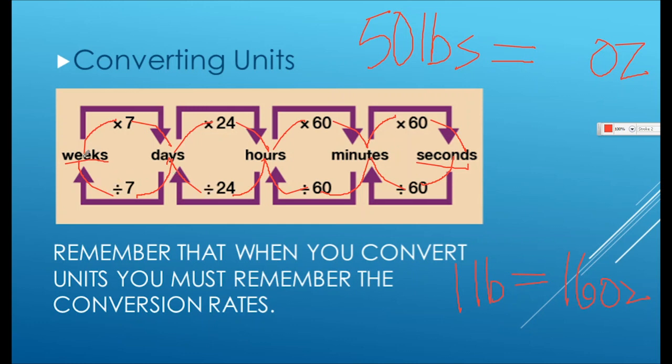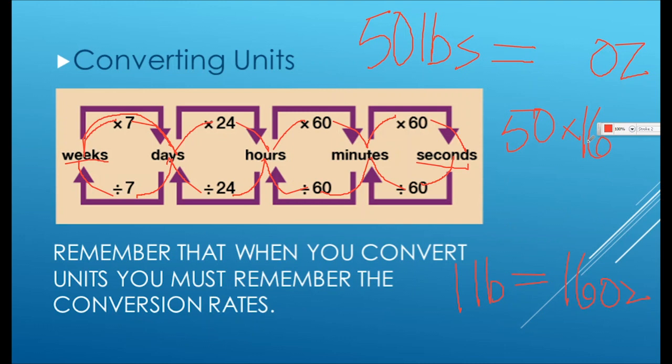So just like here, when we went from a bigger unit to a smaller unit, we multiplied. We need to multiply 50 times 16, and that would give us the number of ounces.